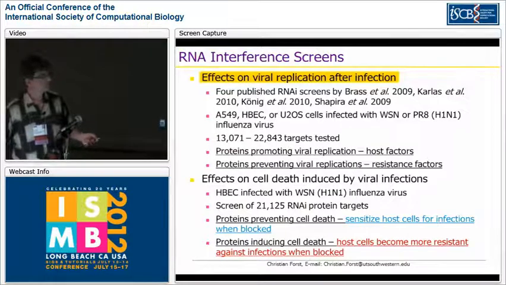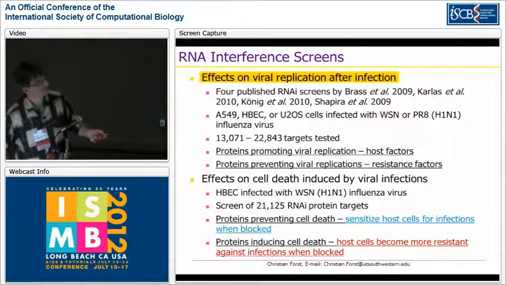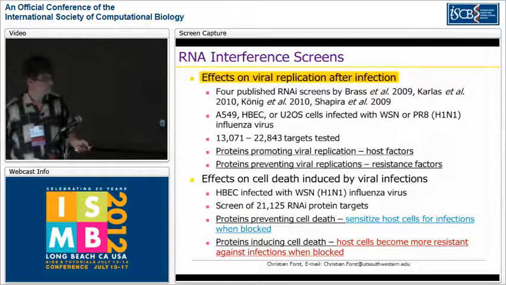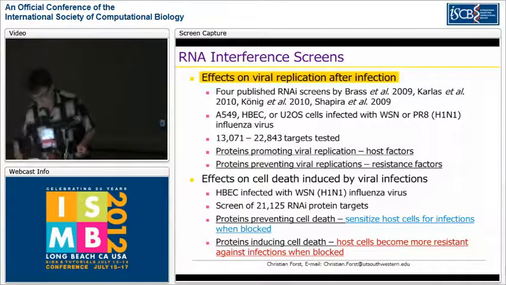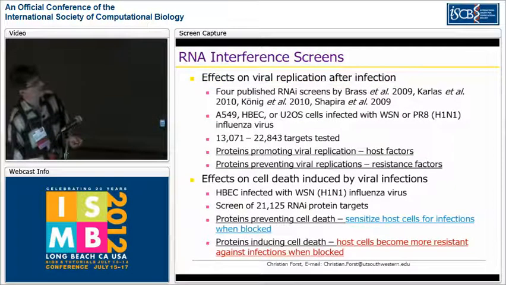We are using HBEC cells, human bronchial epithelial cells, infected by WSN, one lab strain of H1N1 virus. The others also used the PR8 strain together with the WSN strain. And we use 21,128 RNAi protein targets. So these are the second dimension of our analysis.